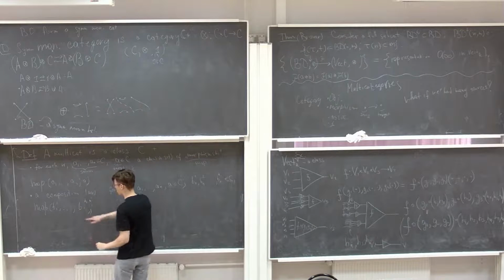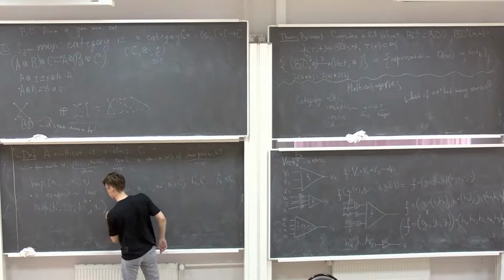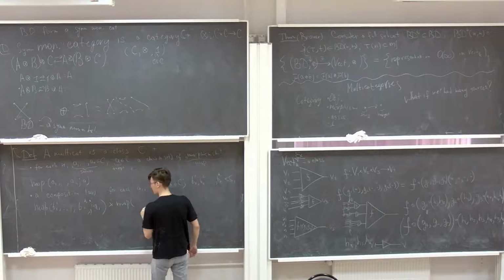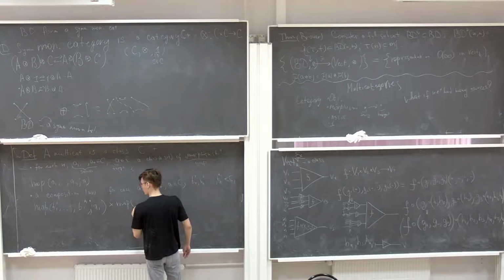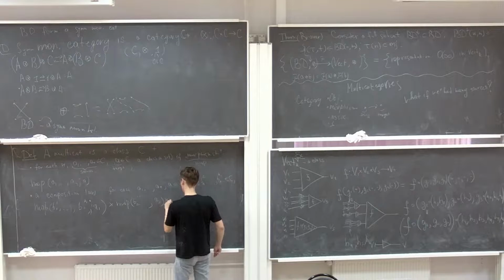So a map from the Bs to the corresponding A1, with an index, and a map from again Bs, but the second, to A2, and so on.